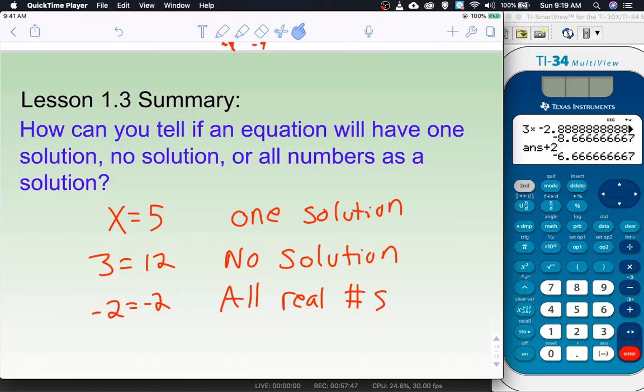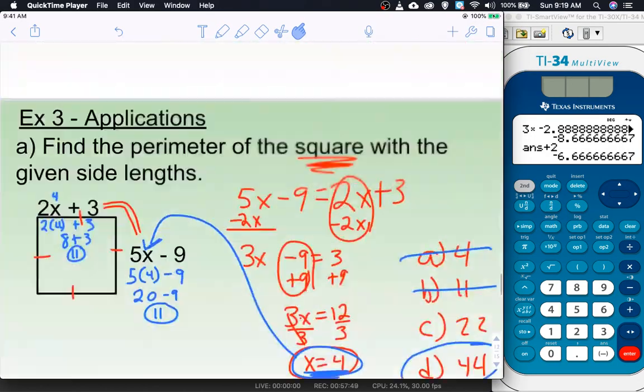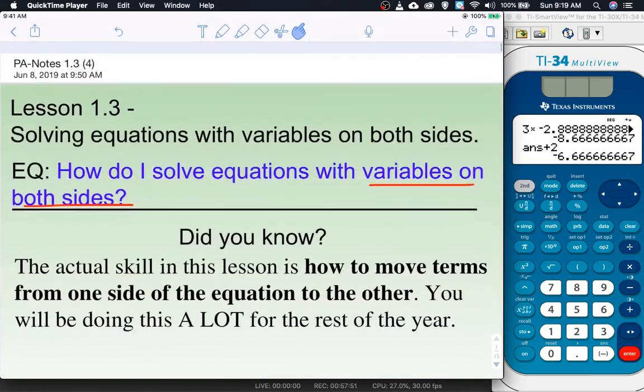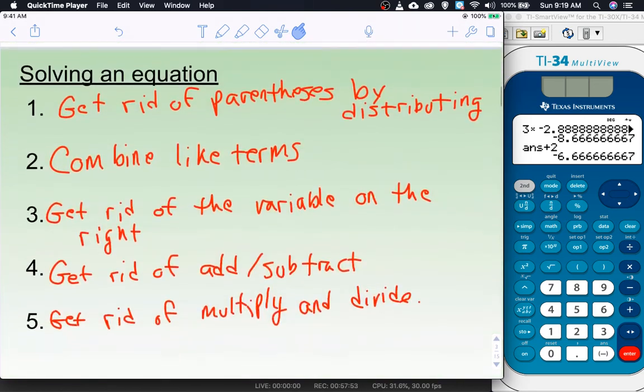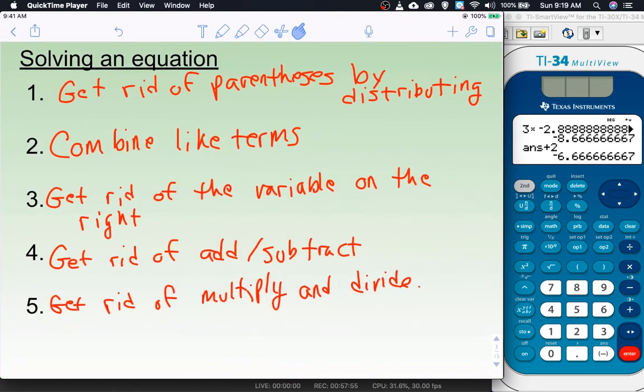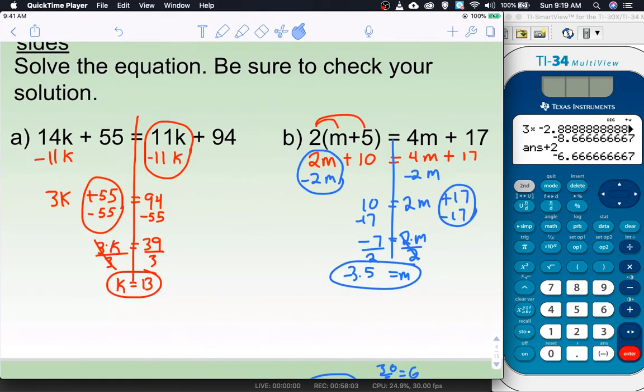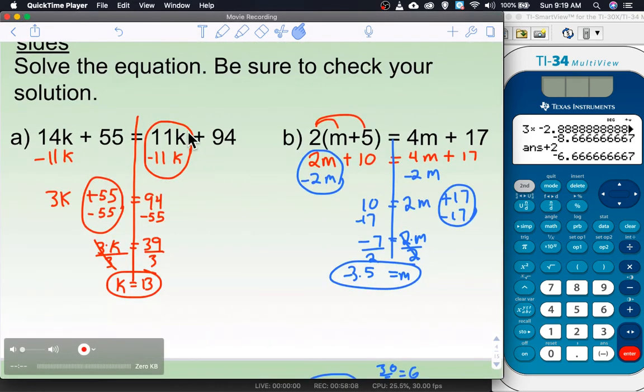All right, so quick little recap. In this lesson, we learned the steps of solving an equation. We have all 5 steps now. We added in this new step of how to get rid of the variable on the right if you have variables on both sides. And the trick was you got rid of it using an addition or a subtraction like we did here.